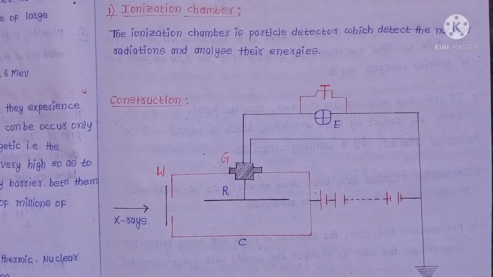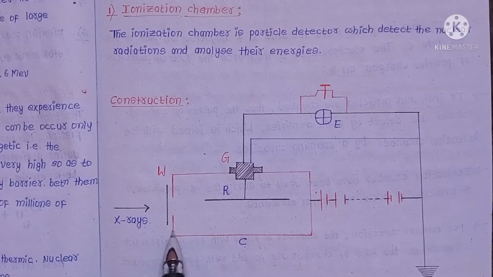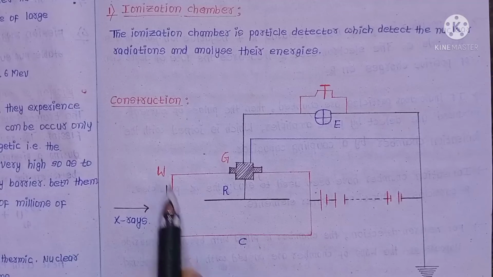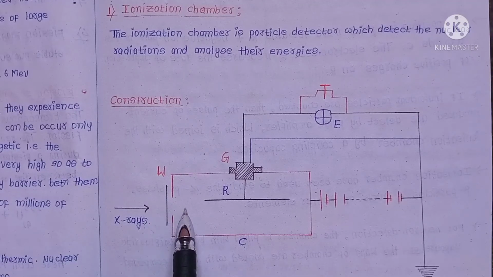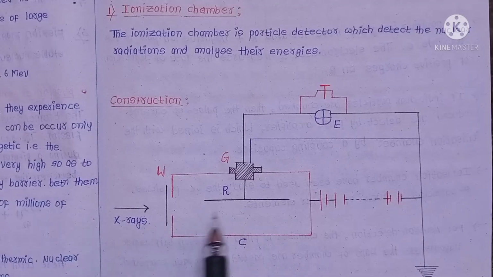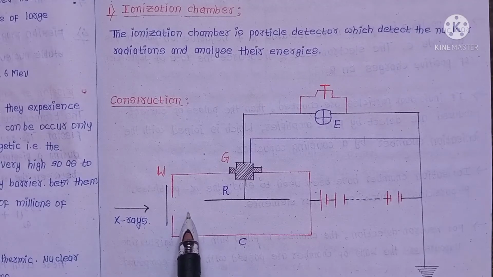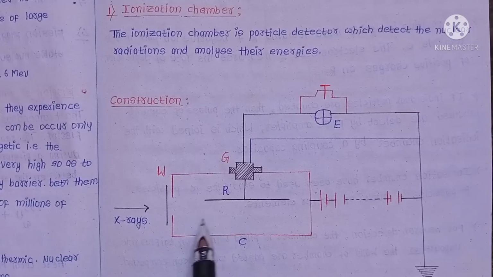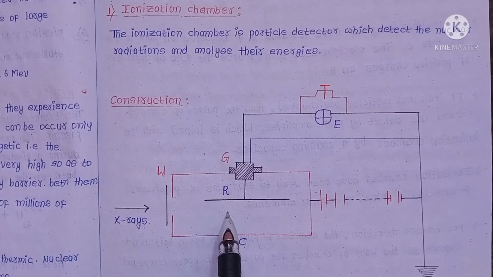Now let's discuss the working, or how we can detect the radioactivity of any particles by using this ionization chamber. First of all, any radioactive radiation or radioactive particles enter into this ionization chamber through the window W which is provided at one end of this chamber. Now when this radioactive radiation enters this chamber, which is filled with a specific type of gas like sulfur dioxide, and collides with these gas molecules, ionization of the gas takes place.